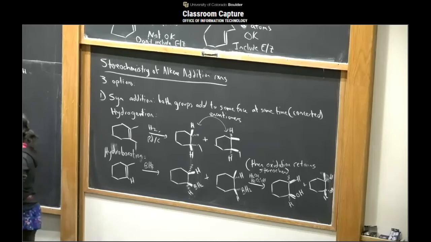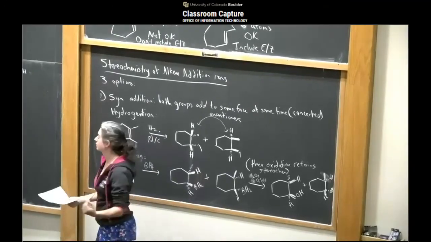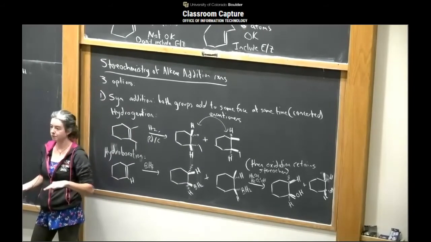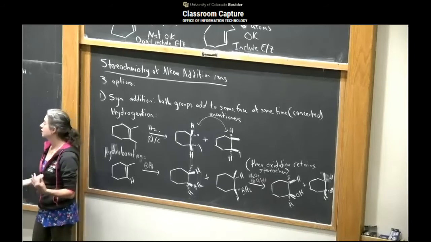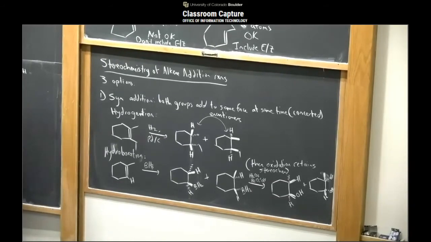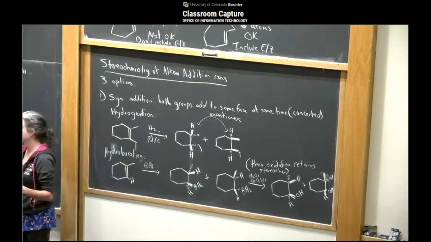So the key mechanistic feature to look out for here is anything that goes through a radical or carbocation, because we know that both of those have sp2 geometry, which means they don't have any chirality at those carbons. So once you make a carbocation, whatever the new group is that's coming in to attack the carbocation could just as well attach to either face.